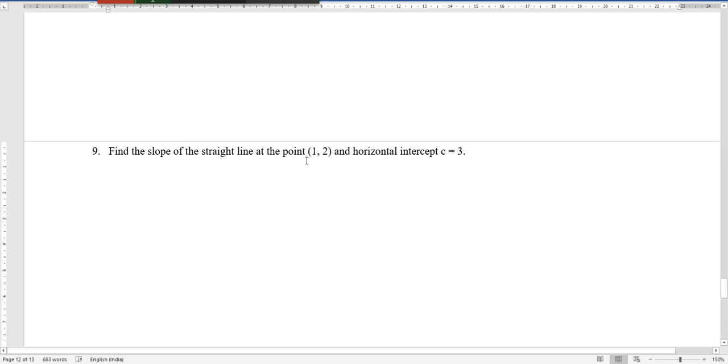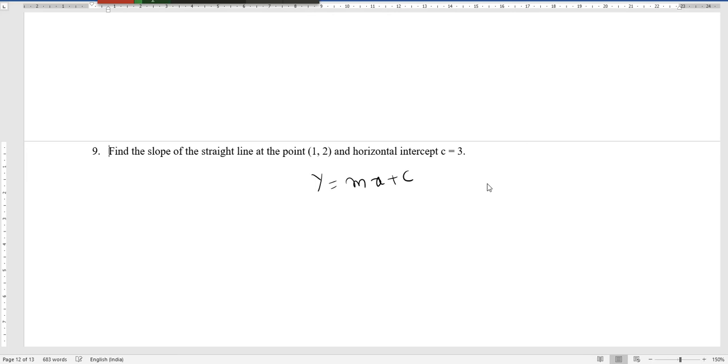In this problem, find the slope of the straight line at the point (1, 2) with y-intercept equal to 3. Now what is the formula? Suppose y equals to mx plus c.